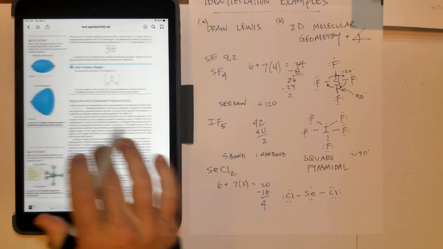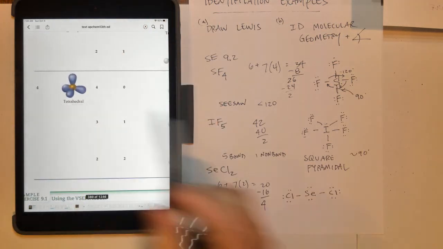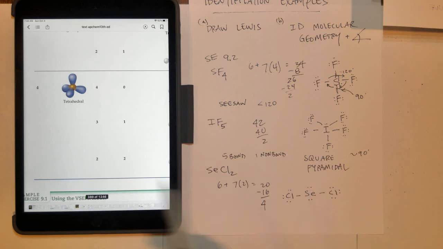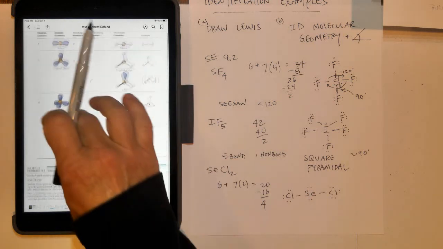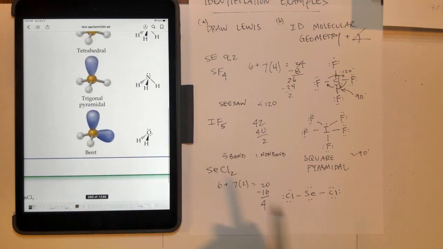So for this one, if we look at selenium, this one is from the tetrahedral family because it has 1, 2, 3, 4 total domains of electrons around it. 2 bonded, 2 non-bonded. This ends up being called bent, just like water.